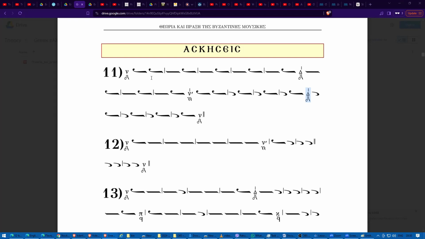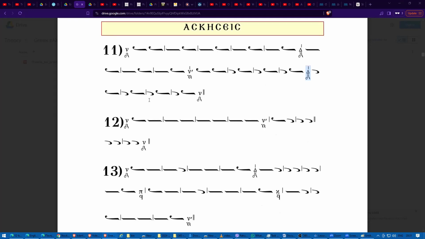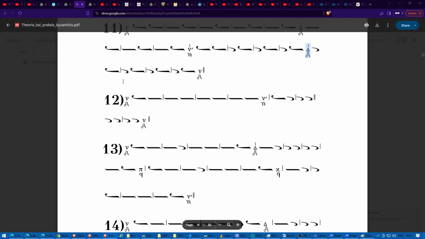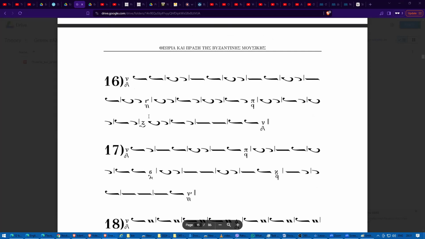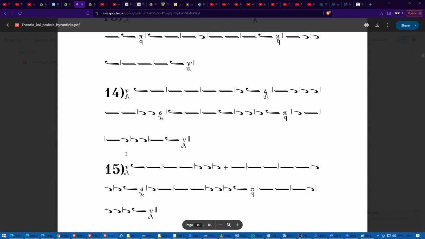But in the meantime, because we won't have a lesson for the next couple of weeks, because it's Holy Week next week, and then it's a bank holiday that I'm working, would you be happy at this point to follow exercises 11, 12, 13, up until 15?